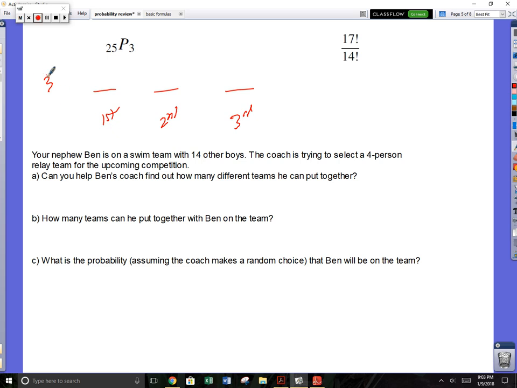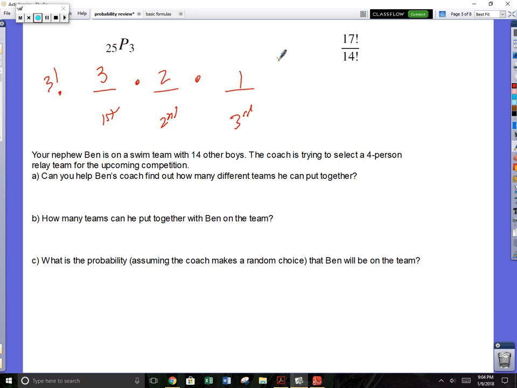So if you got 3 kids running, how many of them could win first place? Any of the 3. But now once someone has won, that only leaves me 2 options for second. Then once someone is locked into first and second, there's only 1 option for third. So 3 factorial is simply multiplying 3 times 2 times 1. So there are 6 ways that you could arrange these 3 kids.